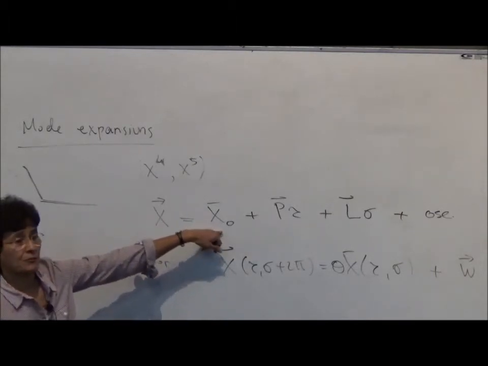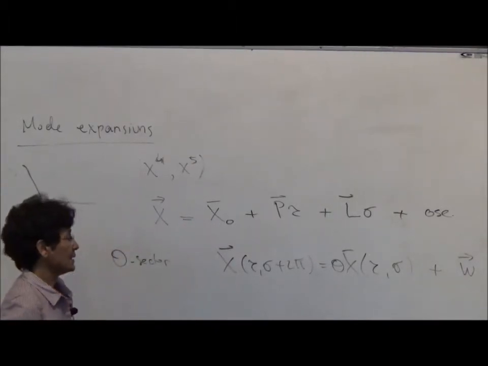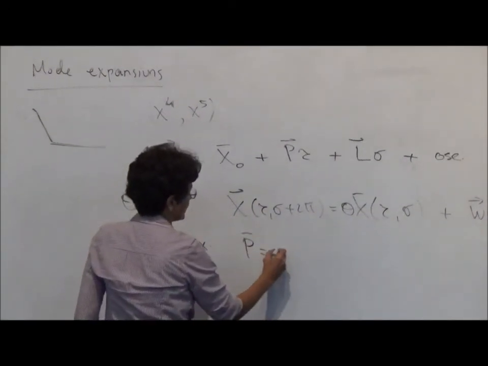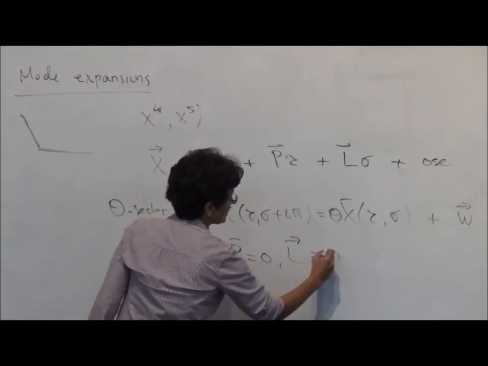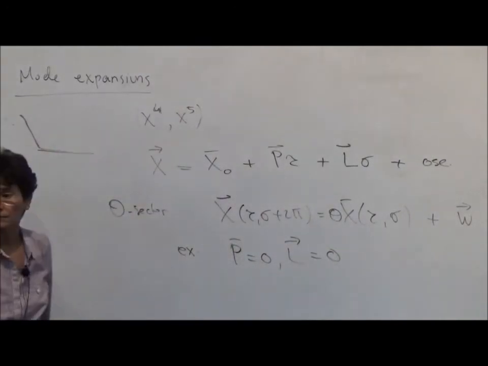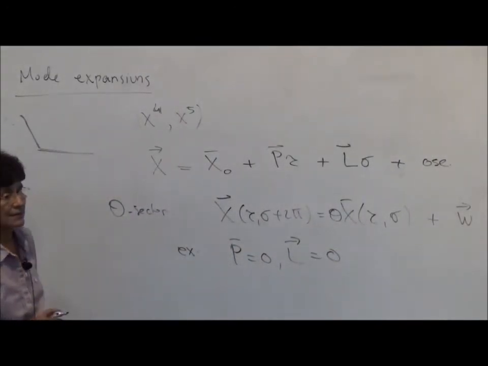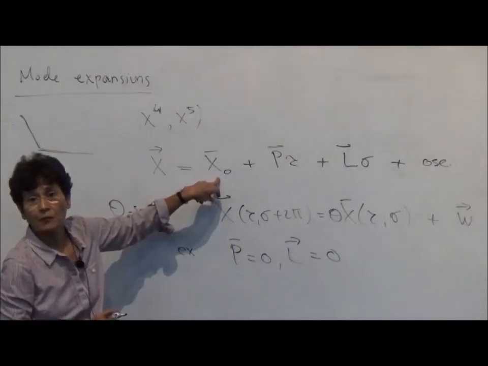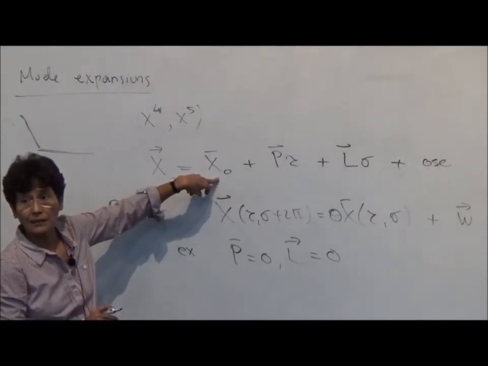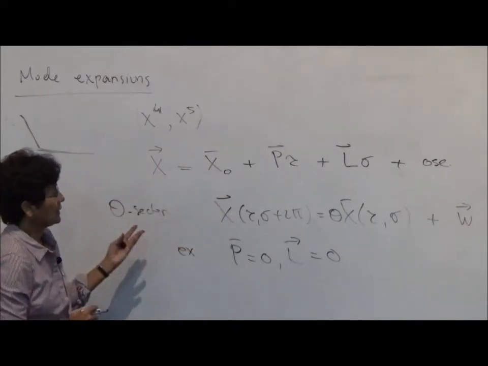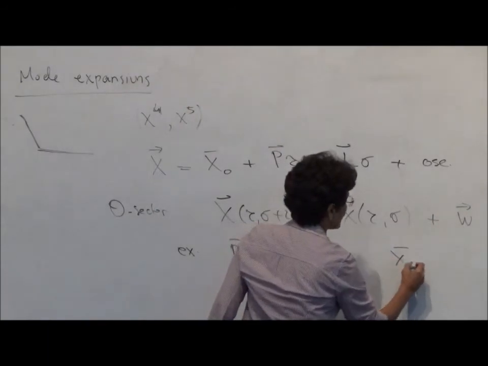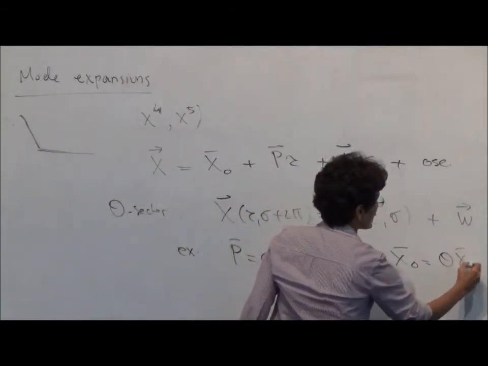Exercise for you: show that T is 0 and L is true for the set. Exercise: what happens with this x0? What will be the equation for x0? See from here that x0 is theta x0 plus a lattice vector.